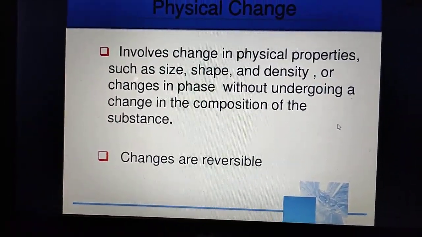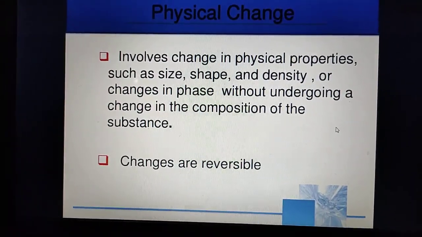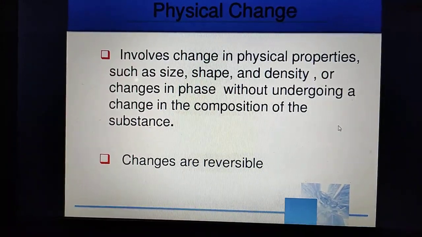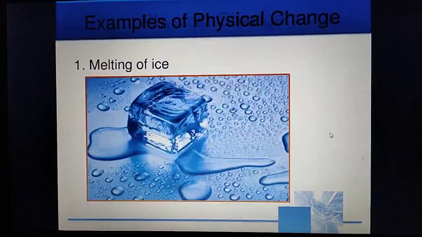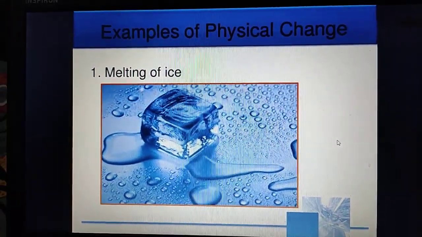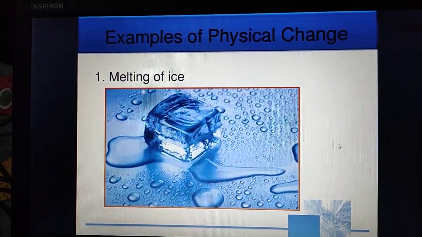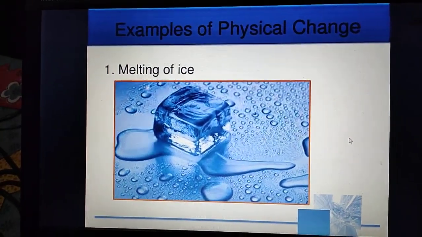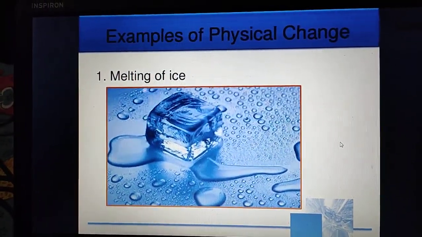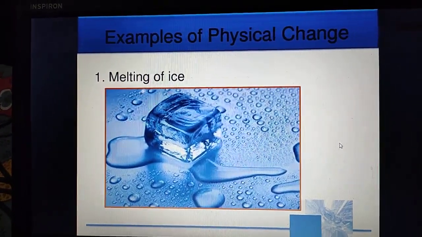A physical change involves a change in physical properties. Examples of physical properties include melting, transition to a gas, strength, durability, crystal form, shape, size, color, volume and density.